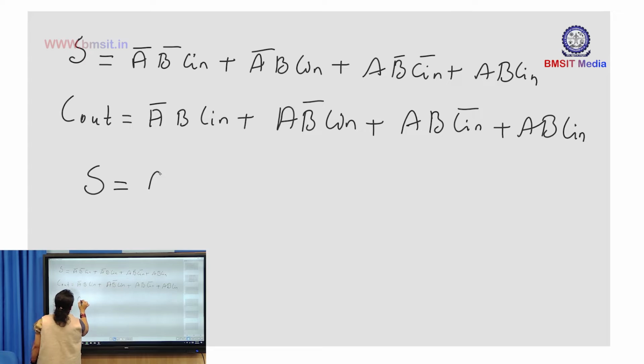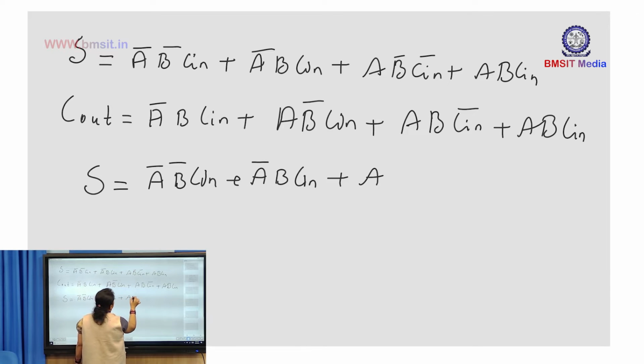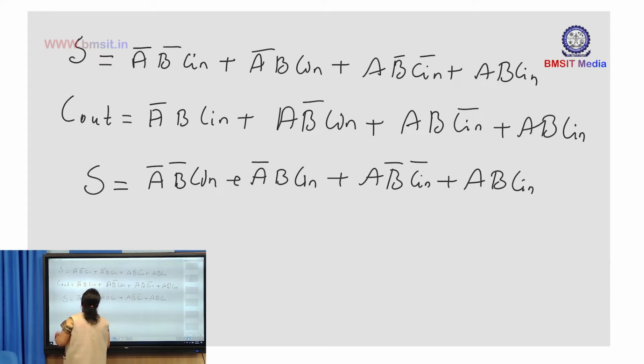So let me rewrite this: A bar B bar C in plus A bar B C in plus A B bar C in bar plus A B C. Now from the first two elements, I think we can take C in as common.